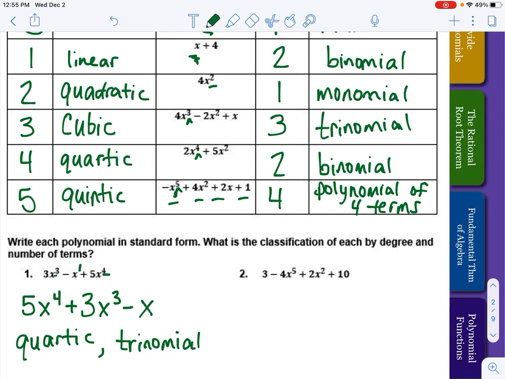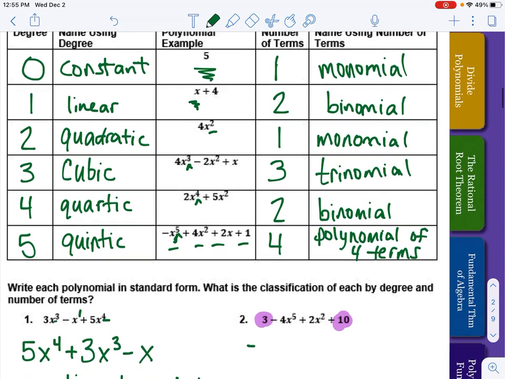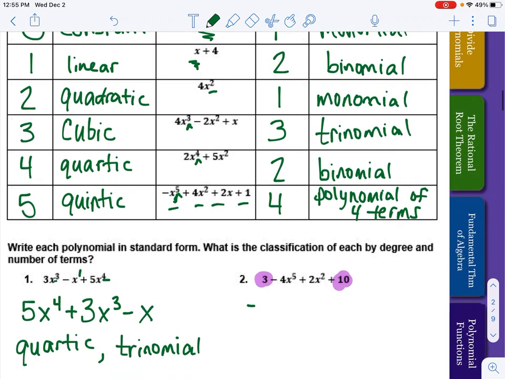All right, this next one, I do want you to be careful on ones like these. You might need to combine like terms. That would change how many terms there are when we name it. So make sure if you can combine like terms, do it.